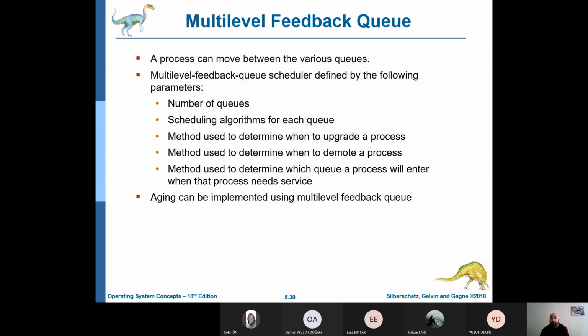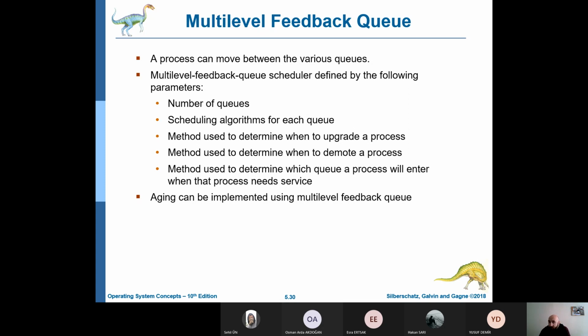The multi-level feedback queue scheduling algorithm, in contrast to that, allows a process to move between queues. The idea is to separate processes according to the characteristics of their CPU bursts. If a process uses too much CPU time, it will be moved to a lower priority queue.